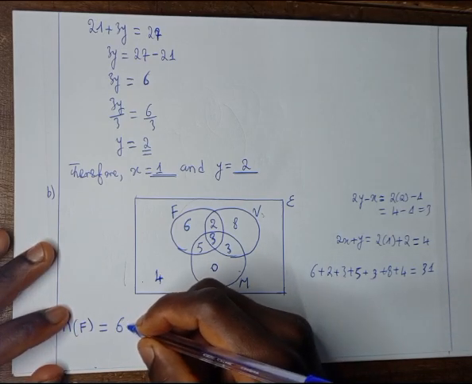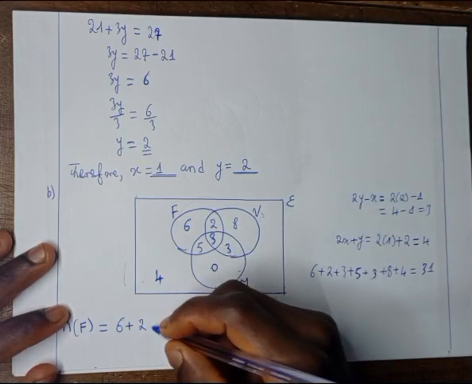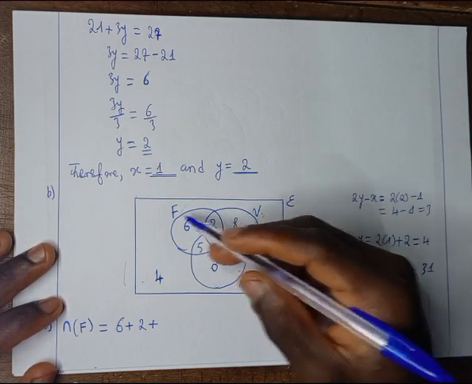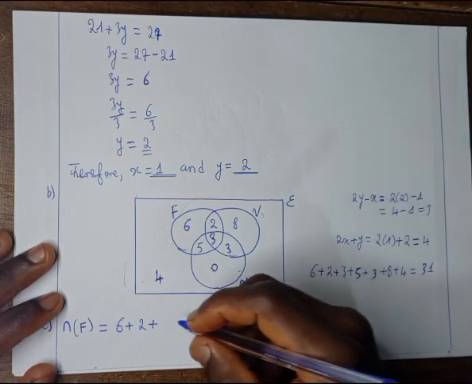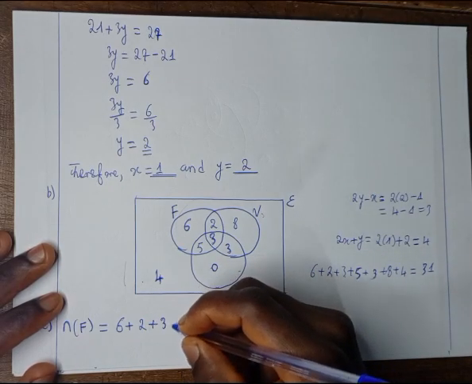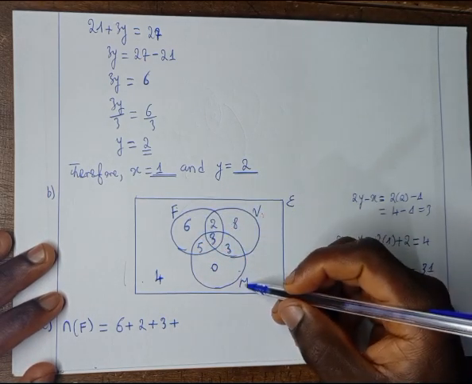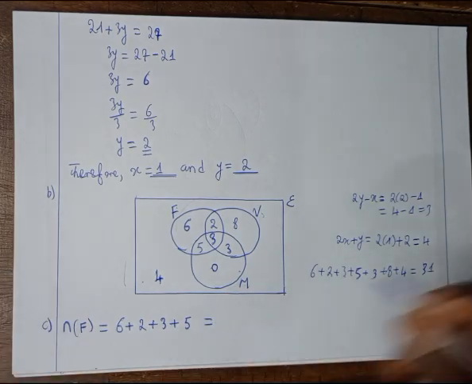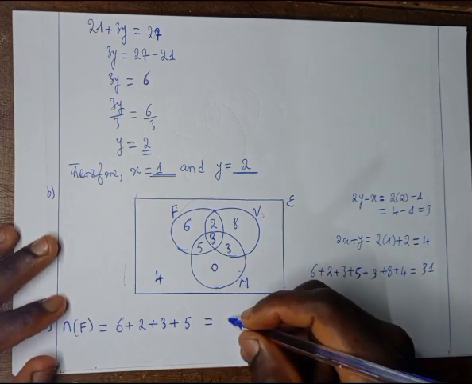We have 6 plus the number of times the patient ate fish and vegetable, which is 2, plus the number of times the patient ate fish, vegetable, and meat, which is 3, plus the number of times the patient ate fish and meat, which is 5. This will simply be equal to 6 plus 2 gives us 8. 8 plus 3 gives us 11. 11 plus 5 gives us 16.